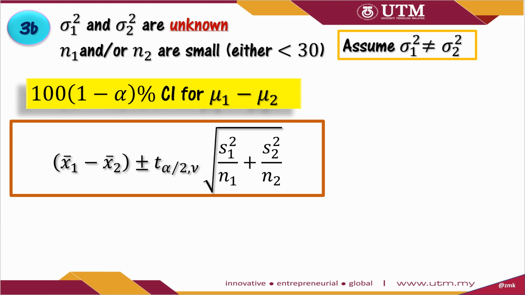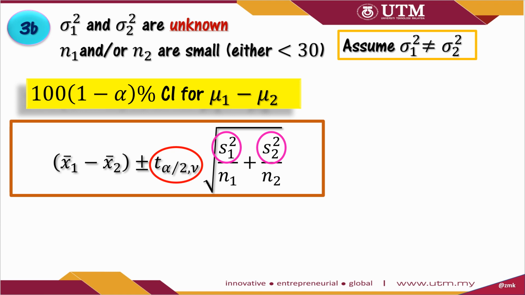As before, we start with the point estimate of mu1 minus mu2 given by the x bar 1 minus x bar 2 value, plus minus the margin of error, now defined as the product of the t-score given by t alpha over 2 nu and the estimated standard error of the sampling distribution of the difference between two means given by the square root of s1 squared over n1 plus s2 squared over n2.